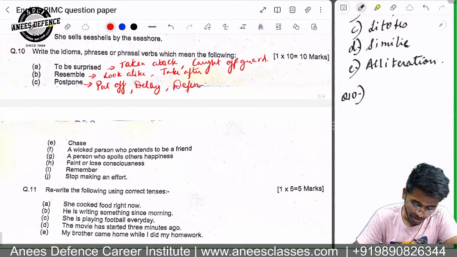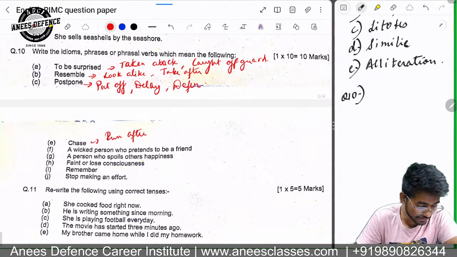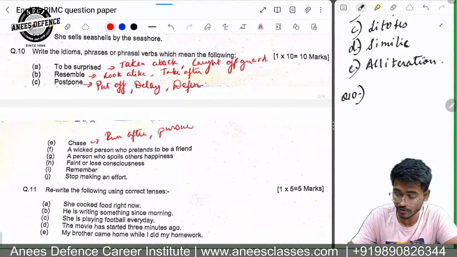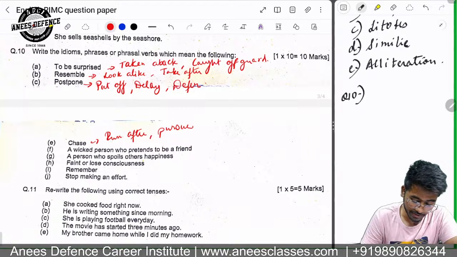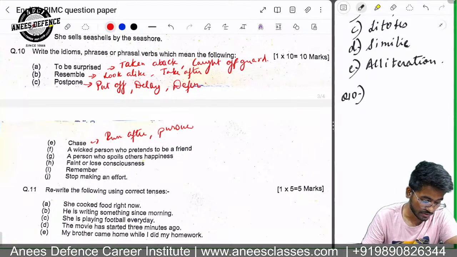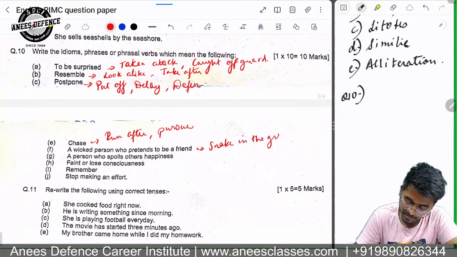Chase. You can write run after. Run after something means chasing, right? Or also you can write pursue. When you pursue something, that means you are chasing something. Afterwards, you can write a wicked person who pretends to be a friend. What do you write? You can write a snake in the grass. Snake in the grass.